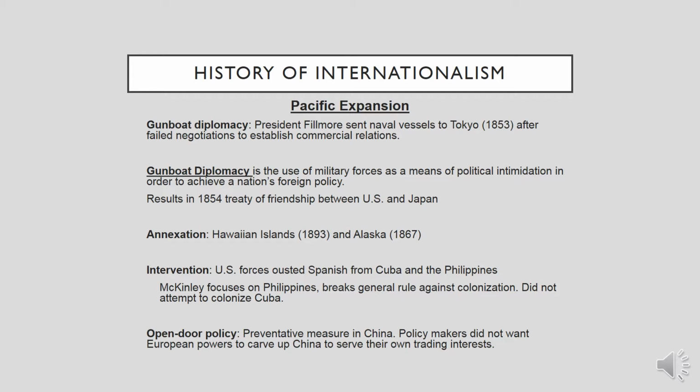U.S. foreign policymakers didn't want to see European powers have economic dominance in China or carve up China in a colonial sense. They too wanted economic influence in China. And so, as part of our foreign policy, we had an open door to China economically that we put forward towards other nation states.